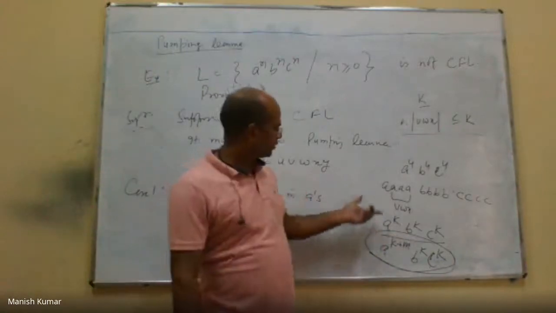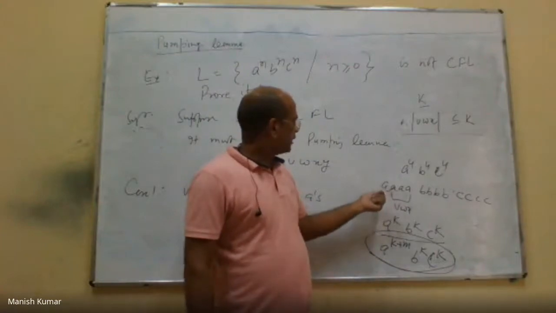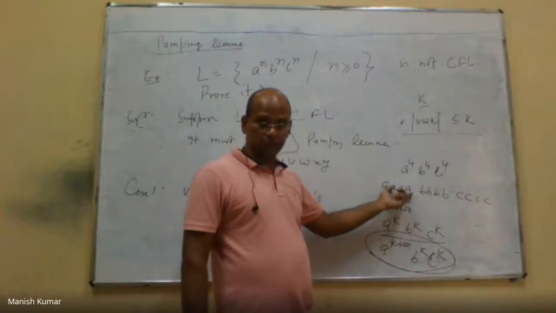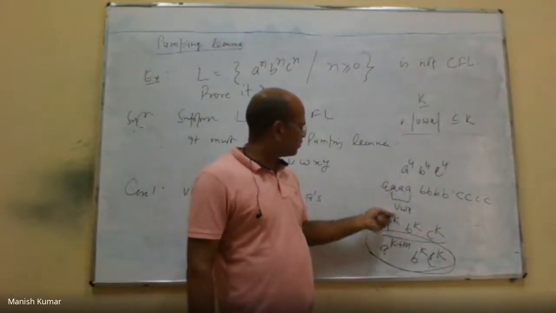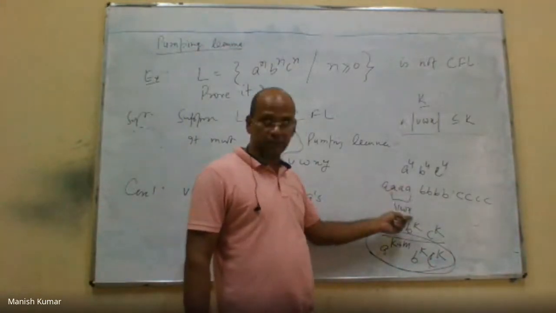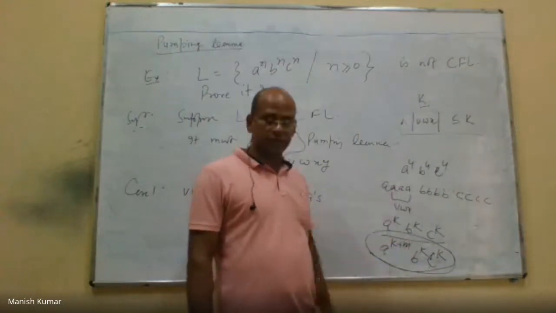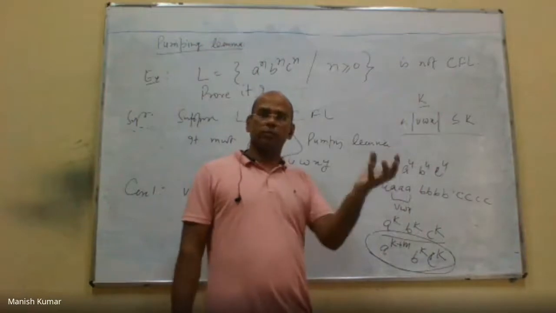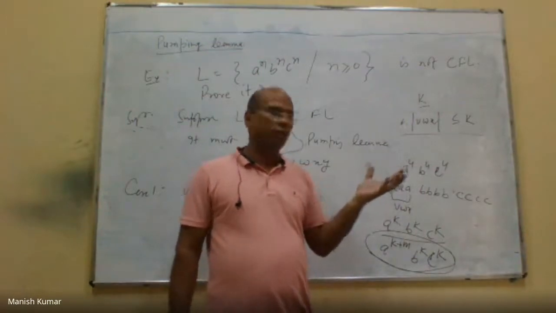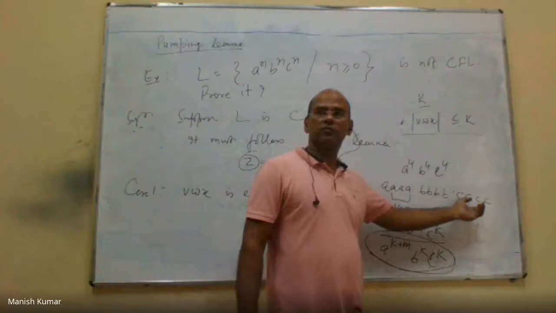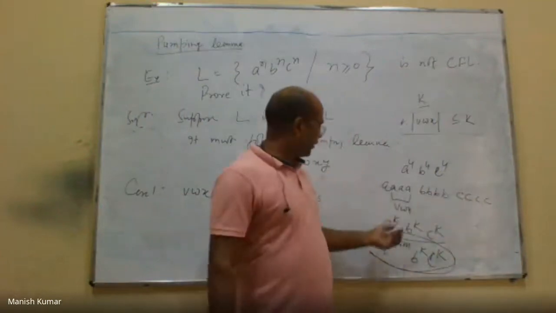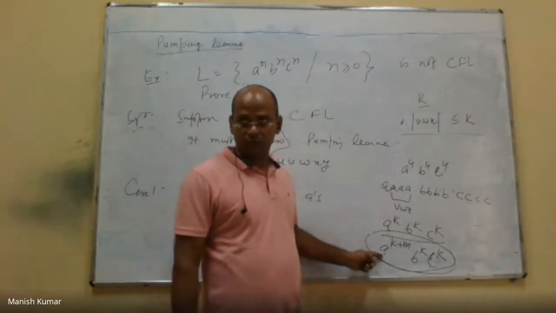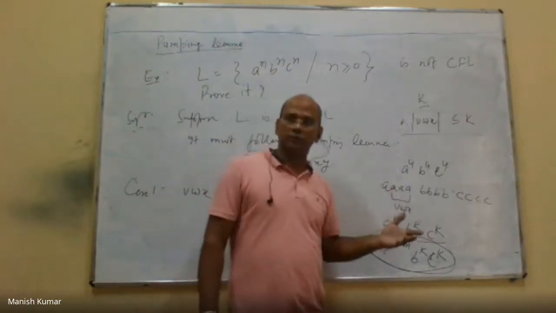I'm just repeating it. What we are doing is that if this UVWXY has VWX entirely in A's, you can consider this A as V, this A as W, this A as X. Pump V and X. So this A will be pumped and this A will be pumped. So the number of A's will increase, whereas these will be stable. The moment I do that, I am just adding M number of A's, as many times as you pump it.